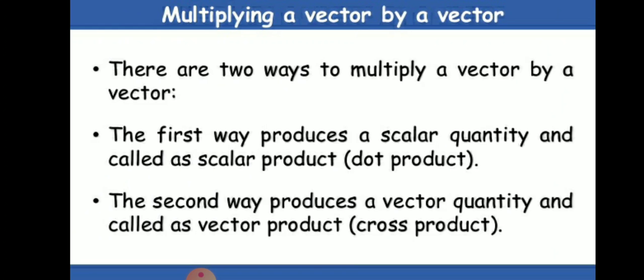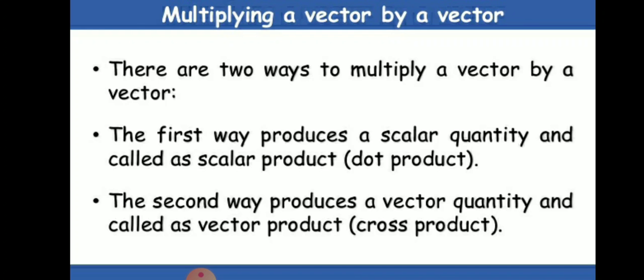The first way produces a scalar quantity and is called a scalar product, which is also called the dot product. The second way produces a vector quantity and is called a vector product, or the cross product. These are the two ways of multiplying a vector by a vector.